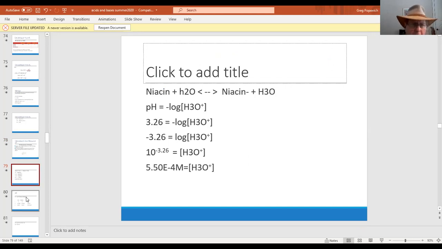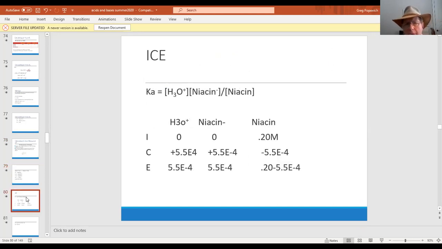Now I'm going to set up my ice table. I know I started off with 0 H3O and 0 niacin anion. My niacin started off at 0.20. So I have the amount of H3O I made. I got that from determining it from the pH. I have the amount of anion, which is equal to the amount of H3O. I had to change it by getting a positive number of that.